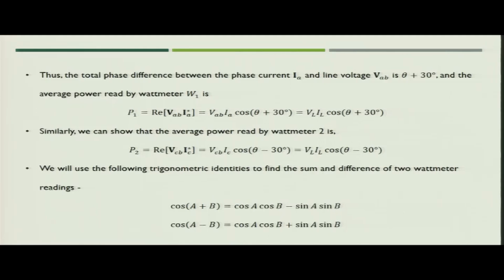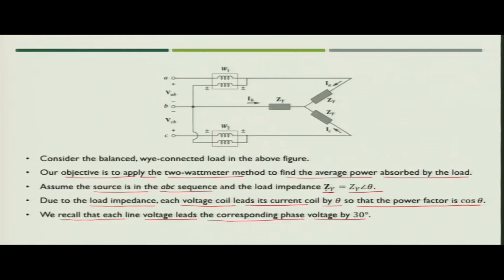So, the total phase difference between phase current IA and the line voltage VAB will be theta plus 30 degree. This we have got when we take the reference as a phase voltage. So, your line voltage will be leading by 30 degree and theta is coming because of the load impedance.